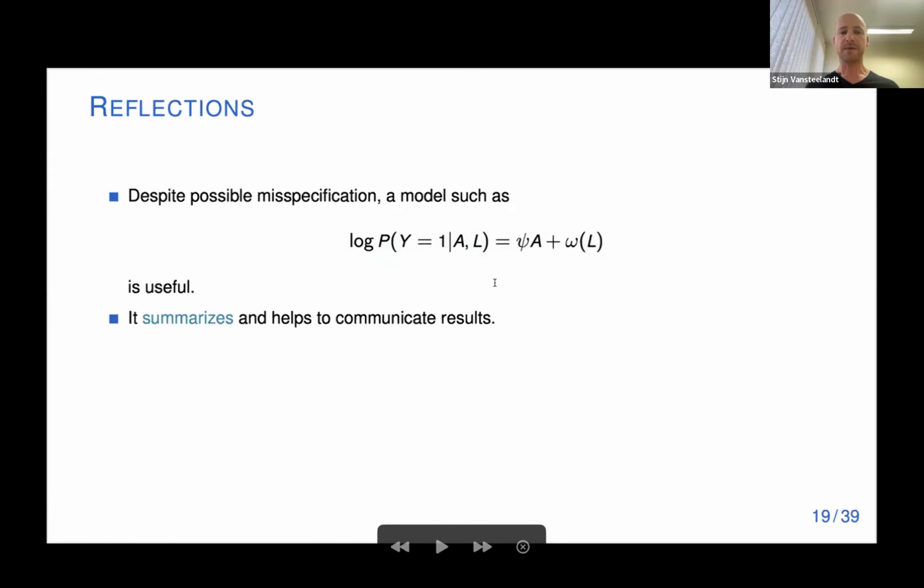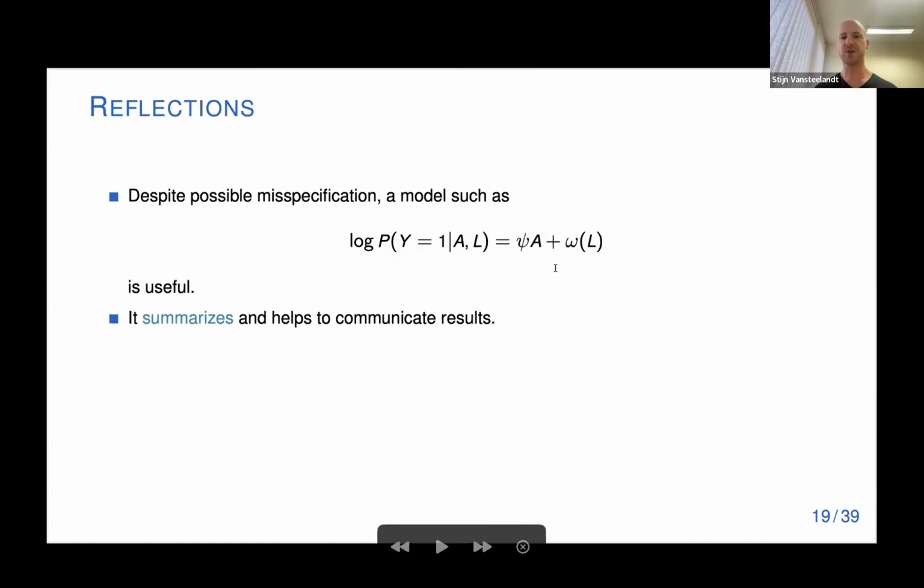Now, as I said, despite the fact that models can be misspecified, I do believe that a model like this is useful because it gives us a way of summarizing the information in the data and perhaps oversimplifying it to a certain extent.